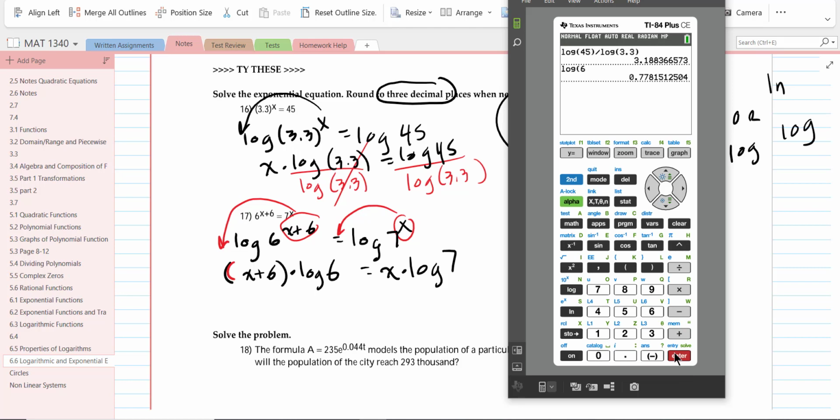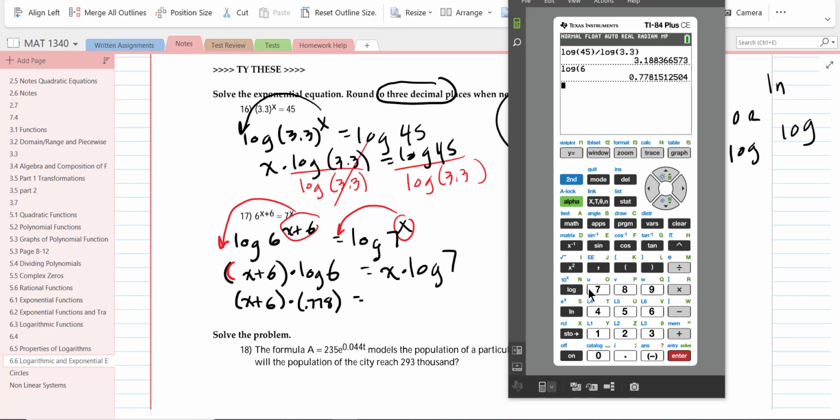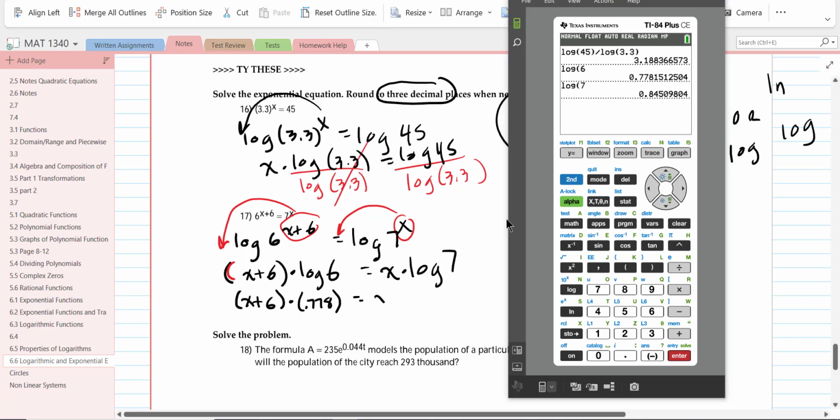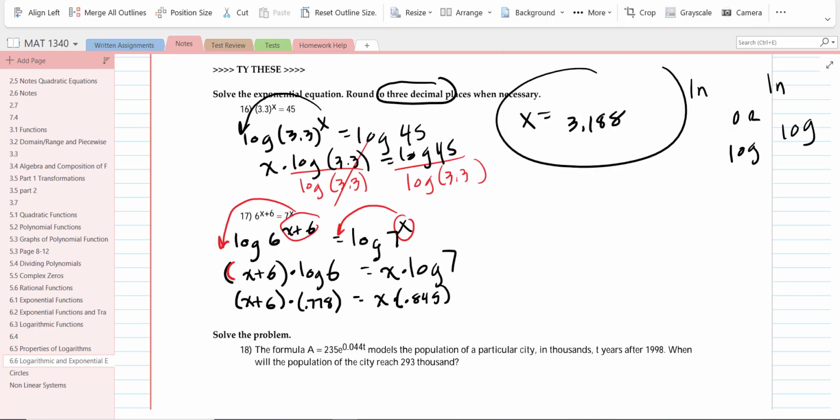So I'm going to write this like x plus 6 times, and then the log of 6 is 0.778. Let's just do that. Then I'm going to take the log of 7, and that will give x times 0.845, like that. Okay, because you can do the decimals earlier in the problem if you want to.